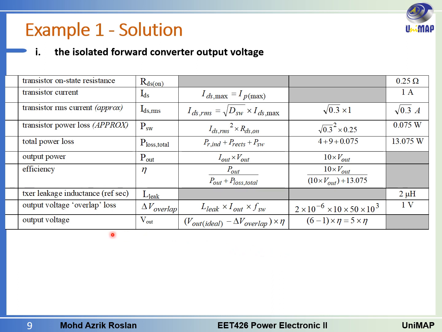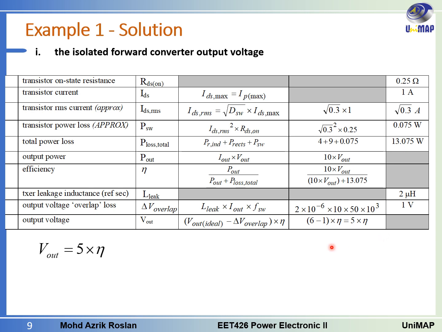And then the V out equation is V out ideal minus delta V overlap, multiplied by the efficiency. You have to first subtract the delta V overlap from the ideal voltage, and then multiply by efficiency to get the V out.